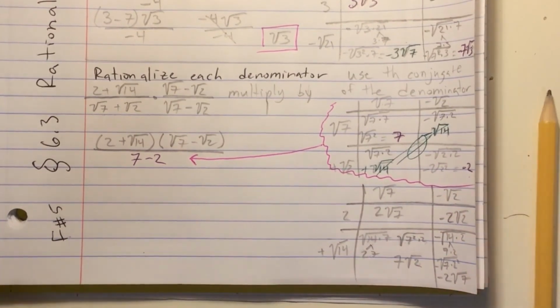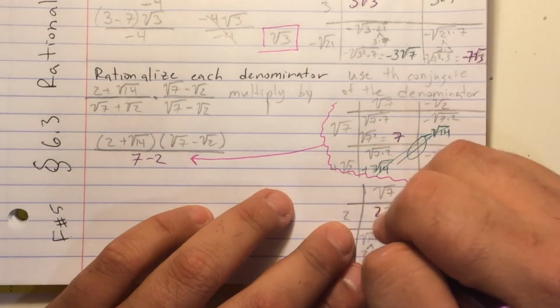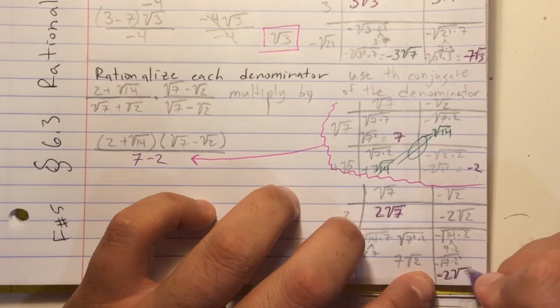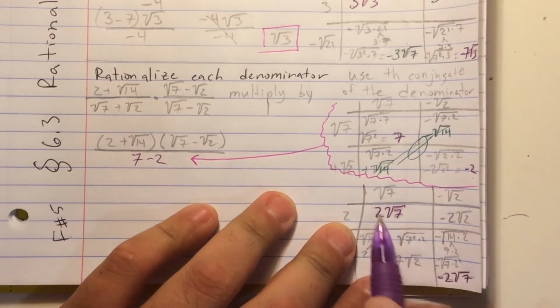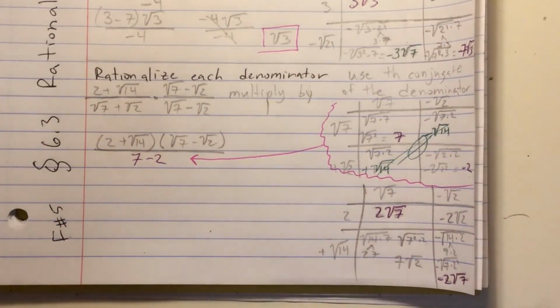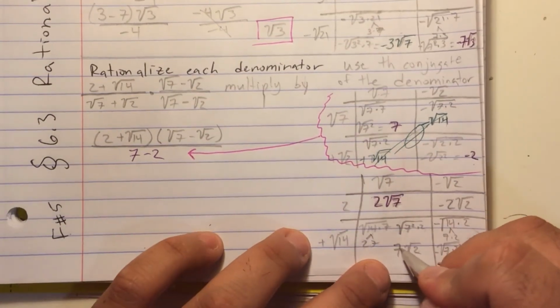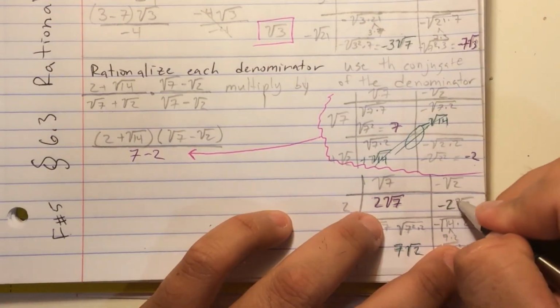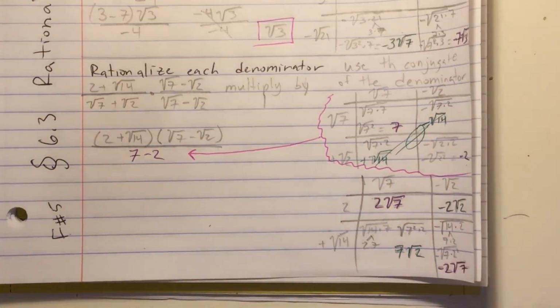Okay, and I'll mark these again in color. So we have a 2 square root 7, then a negative 2 square root 7. And if you can see, these are opposite pairs, so they'll cancel out. And then we have our 7 radical 2 and our negative 2 radical 2.